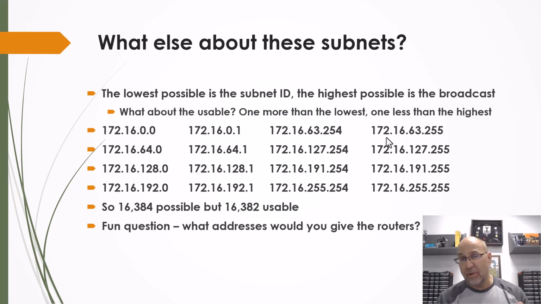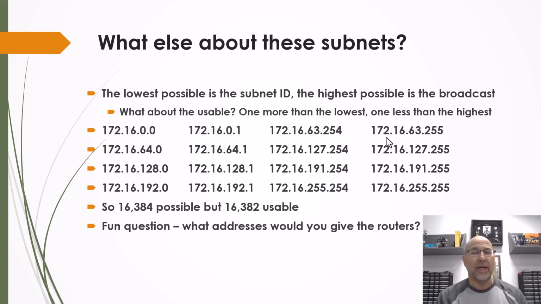And if we counted all those, it would be 16,382. And we can see we've done the exact same thing with the other subnets, right? We just add 1 to the lowest and subtract 1 from the highest. Now you could do this exact same exercise with binary, right? If you broke all of these out into binary and you took, for example, 172.16.128.0 and you broke that into binary and then you just added 1 to it, you would get 128.1.